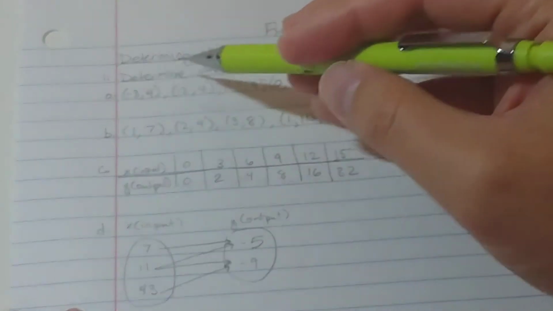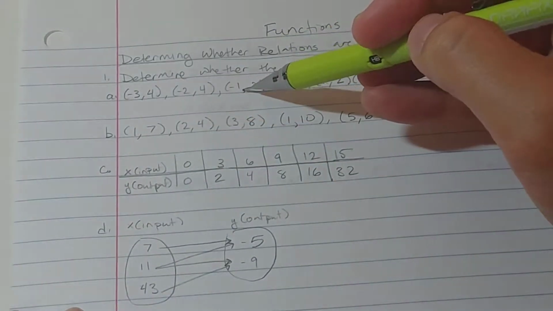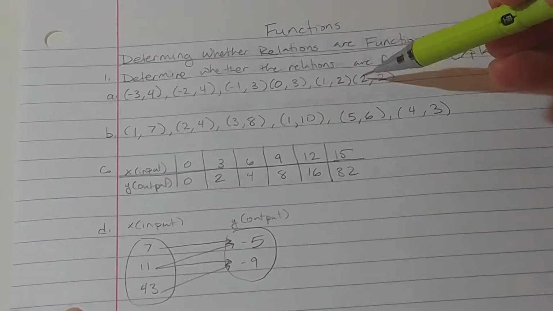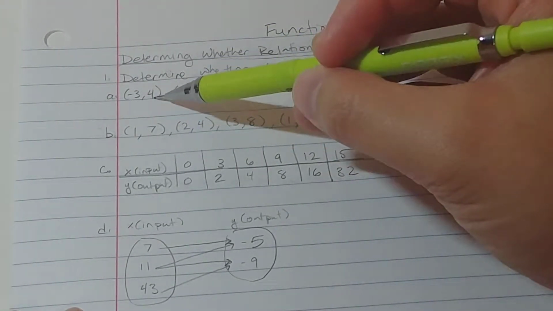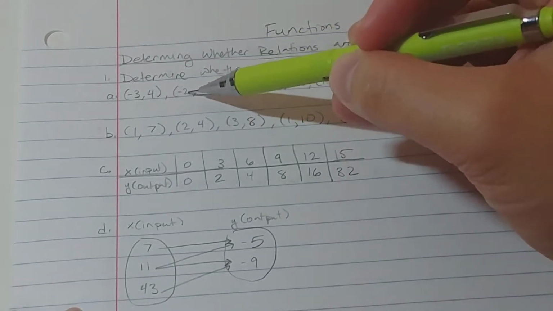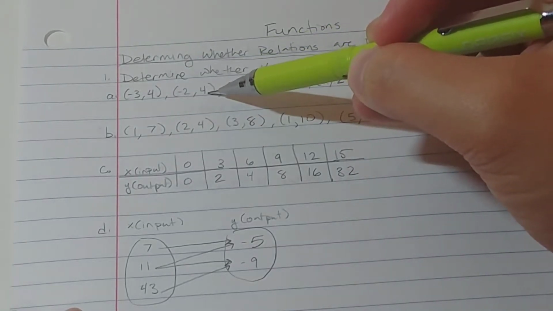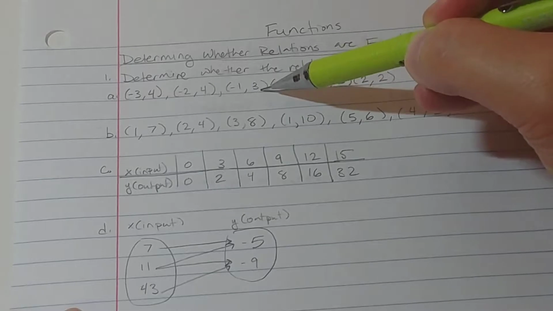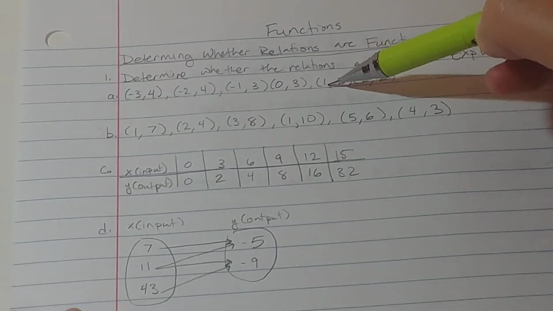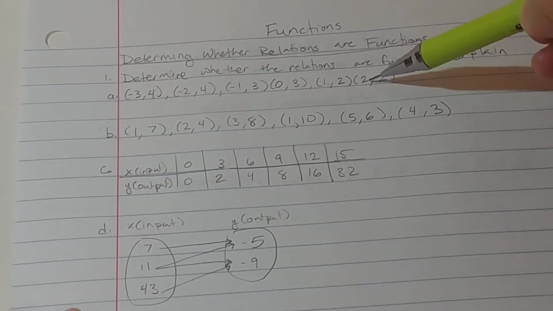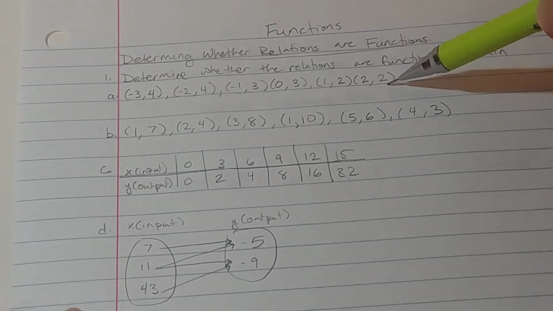But here, we have -3, -2, -1, 0, 1, and 2. None of those repeats. What that means is that -3 has only one output, -2 has only one output, -1 has only one output, 0 has only one output, 1 has only one output, and 2 has only one output.